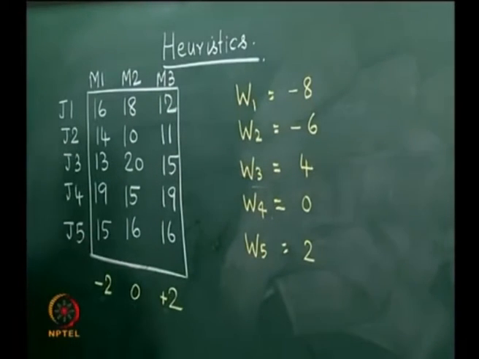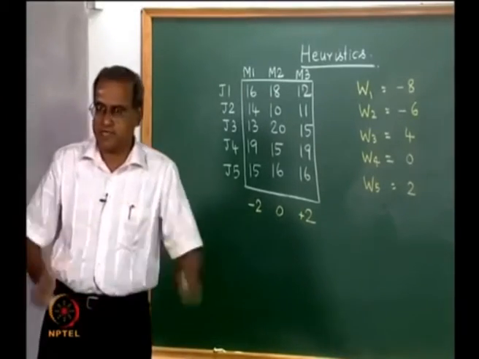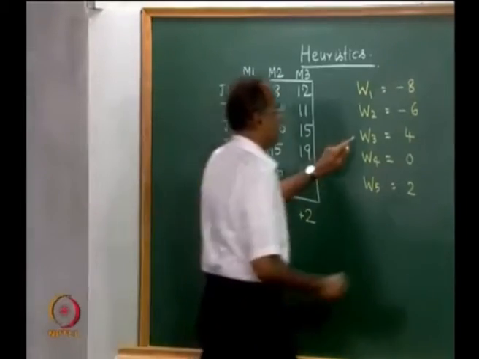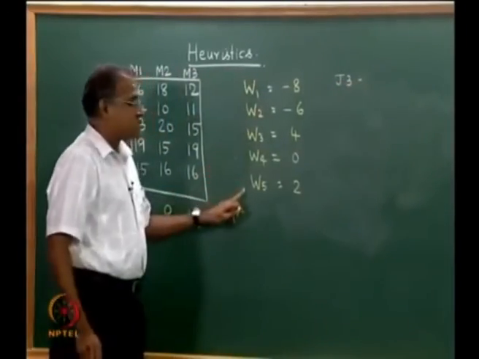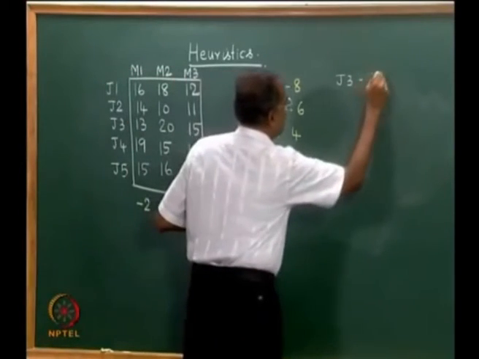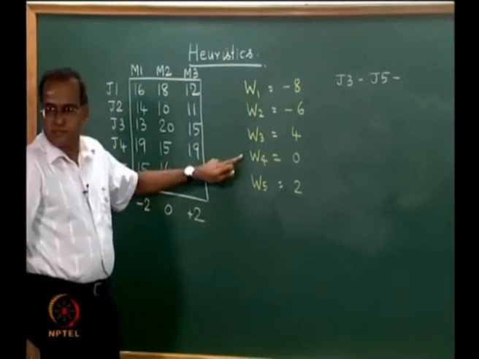Now sort the jobs in decreasing order of the weights, non-increasing order or descending order of the weights. So, the maximum is W3. So, J3 comes first, the next one is W5. So, J5 comes second, the third one is 0.